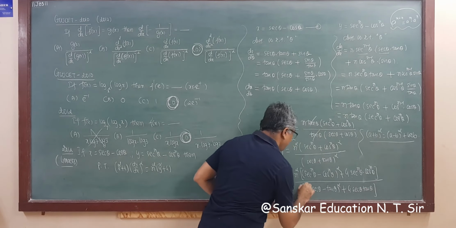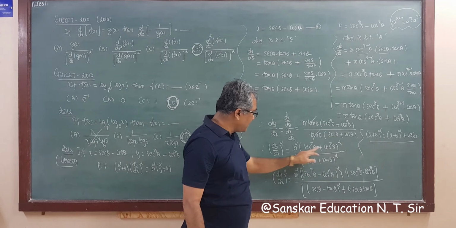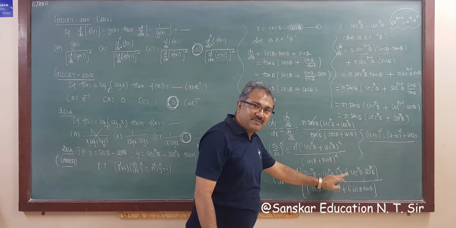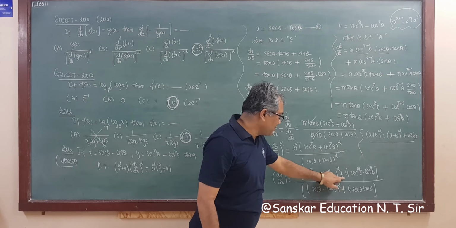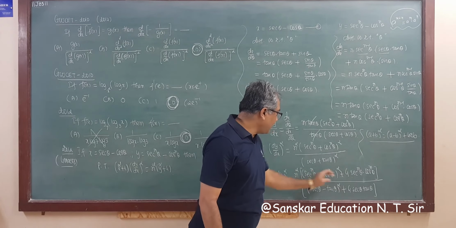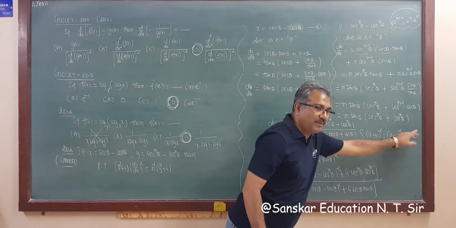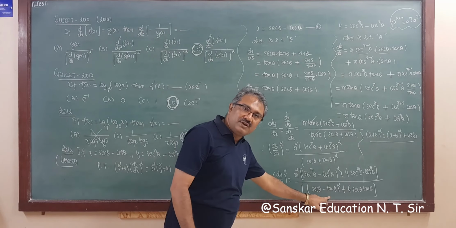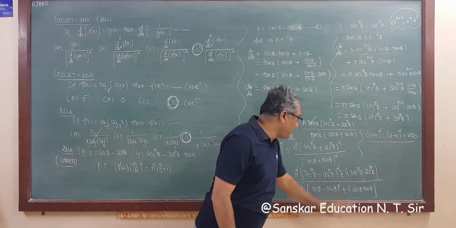Got it? A plus b whole square is equal to a minus b whole square plus 4ab. We were making a mistake here, putting minus. So now plus 4ab. Same here: a plus b whole square is a minus b whole square plus 4ab.